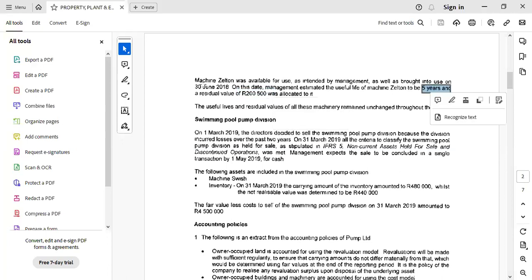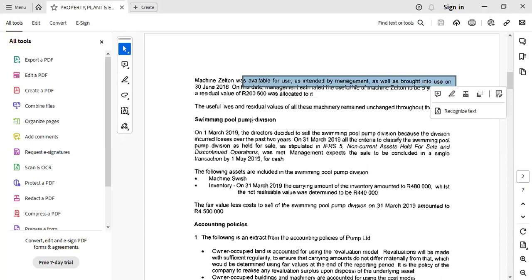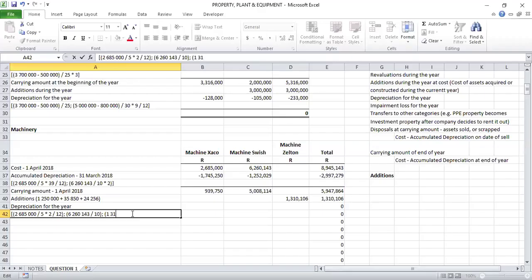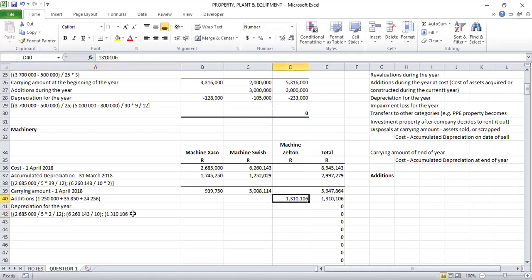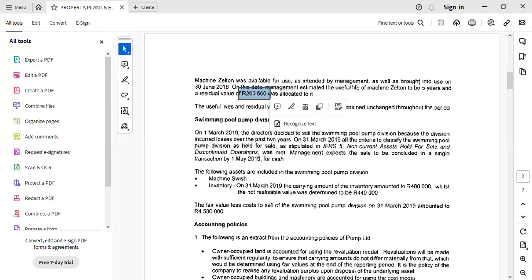And let's remember, it was only brought into use on 30 June 2018. So for Machine Zelton, it's going to be the cost that we calculated, 1,310,106, then minus the residual value, which we're told is 200,500, divided by the useful life of 5.